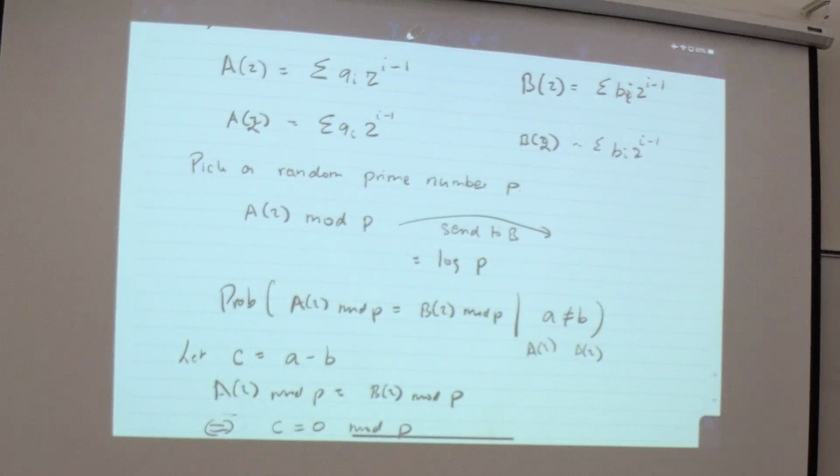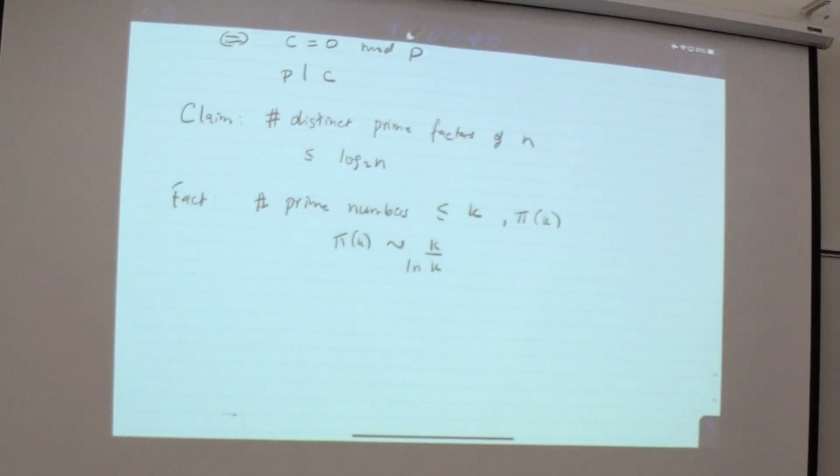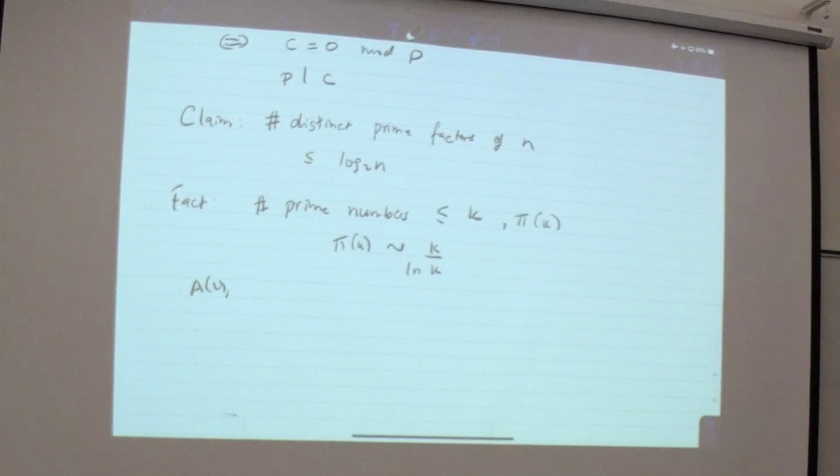So how big could it be? Less than or equal to 2 to the power n. Yes, n bits. So we know that A(2) and B(2), and therefore C(2), and therefore C, are less than or equal to 2 to the n.